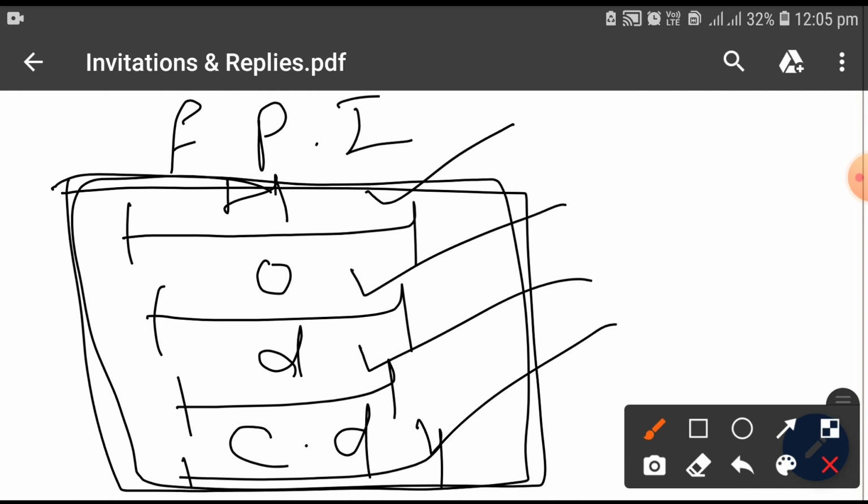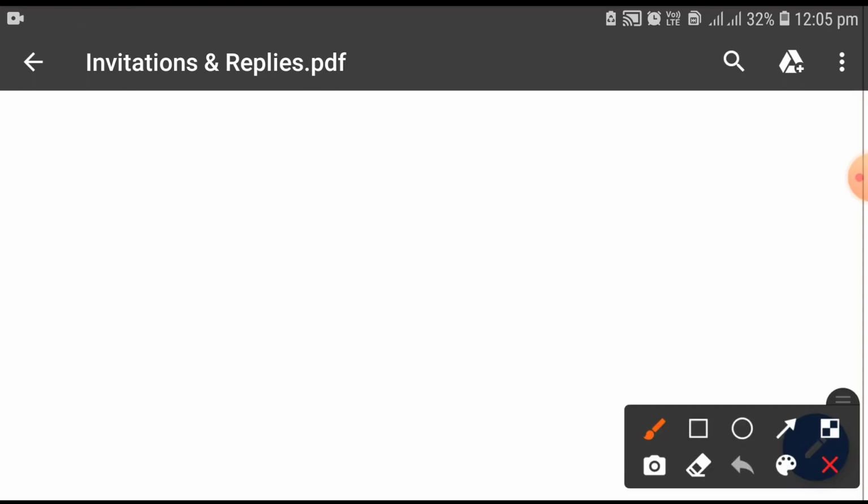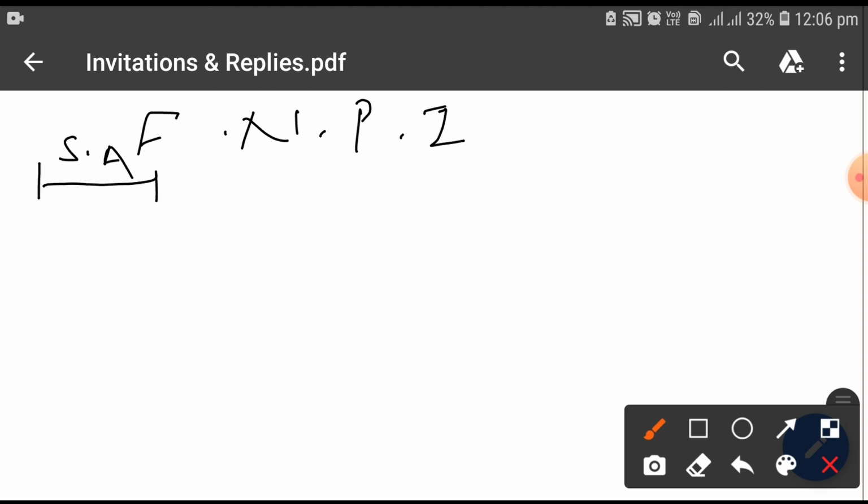Now I am going to tell you the structure of formal not printed invitation. First of all, we should mention the sender address. After that, we should leave one line between sender address and date.